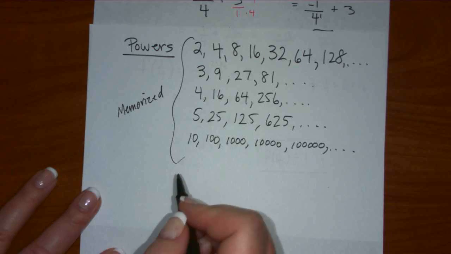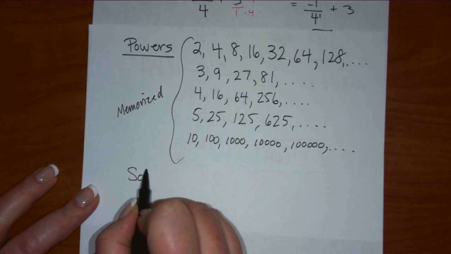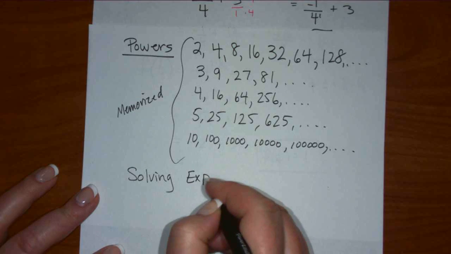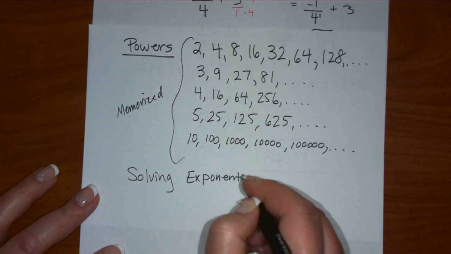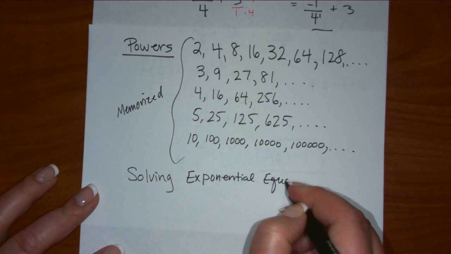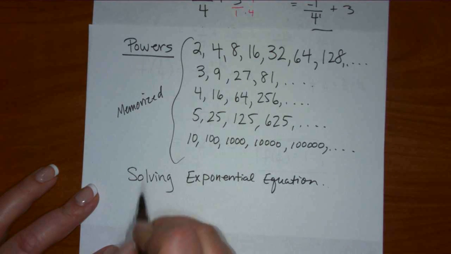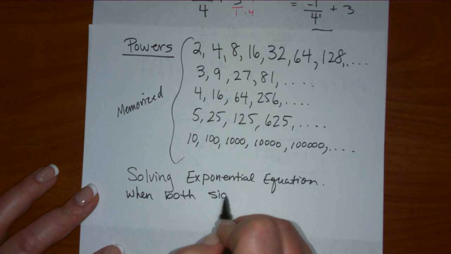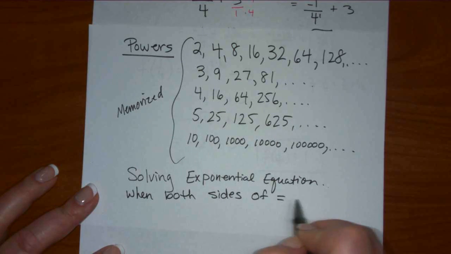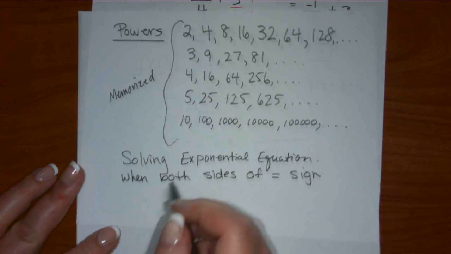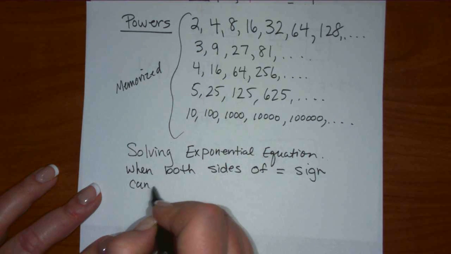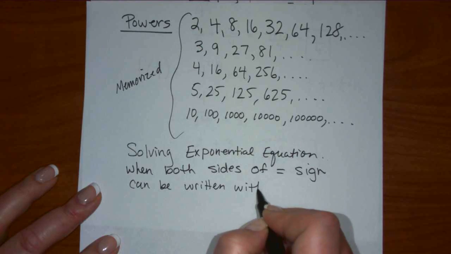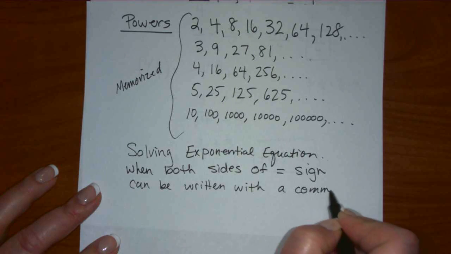Okay, so here's how you solve an exponential equation. This is going to be type 1, the ones that work nice. This is when both sides of the equal sign can be written with a common base.